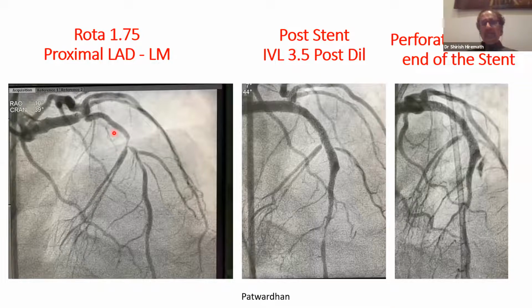Now this stent was deployed with a 3.5 OPN balloon, which is obviously not the diameter of this vessel. Though we went only to 10, you can see the vessel perforated. So in general, it is a good balloon to avoid perforation, but never overdo.